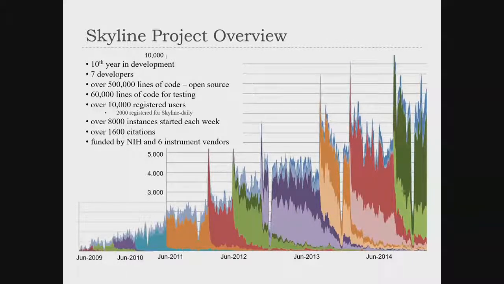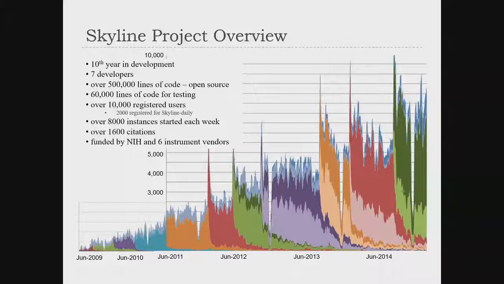And it's our beta release. It's up to date with the latest developments. If you register for Skyline Daily, you'll just hear about what we're adding. Somebody here spoke to me earlier today, clearly on the Skyline Daily list, because he said, whoa, we just heard you're supporting Bruker timsTOF. So you'll get those kinds of up-to-the-minute updates if you're on the Skyline Daily email list.